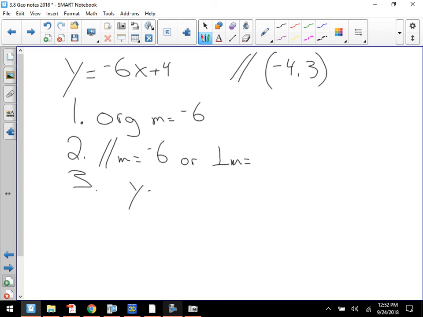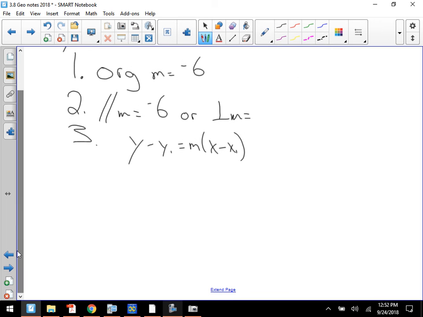Point slope then? Was it -4 and 3? So y minus 3 equals -6x. Instead of minus and -4, we go plus. Distribute through.